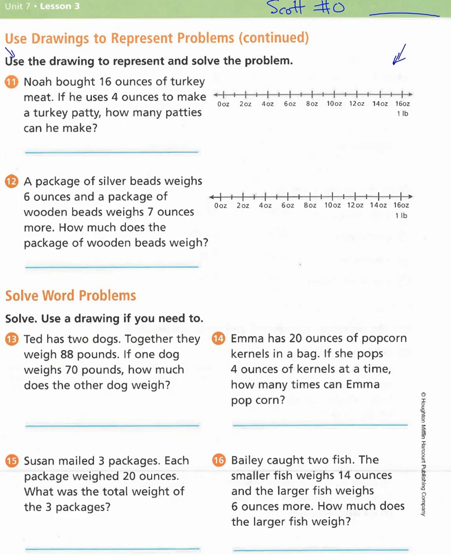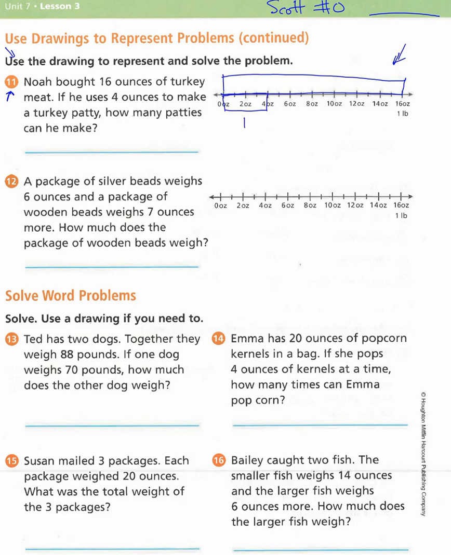Okay, so let's look at number 11 here. Noah bought 16 ounces of turkey. So I'm going to change it up a little bit. So this is all 16 ounces. So this is like our comparison bar, right? If he uses 4 ounces to make a turkey patty, how many patties can he make? Okay, so if he uses 4 ounces, so there's 4 ounces.